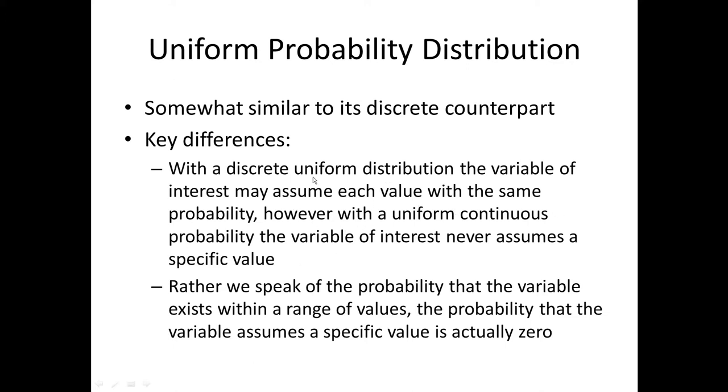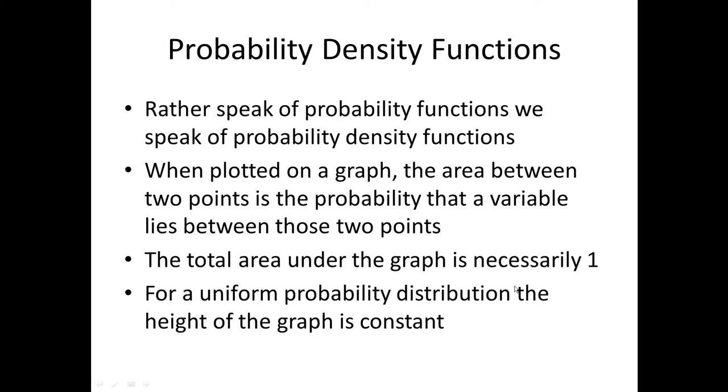For instance, before with the binomial and hypergeometric distributions, we could calculate the probability that we have a certain number of successes. But for a continuous distribution, you're going to be looking at the probability that x lies between a certain a and a certain b, certain limits. So we speak of a probability density function when dealing with a continuous probability distribution.